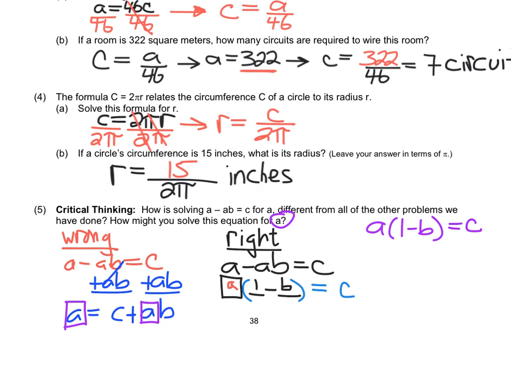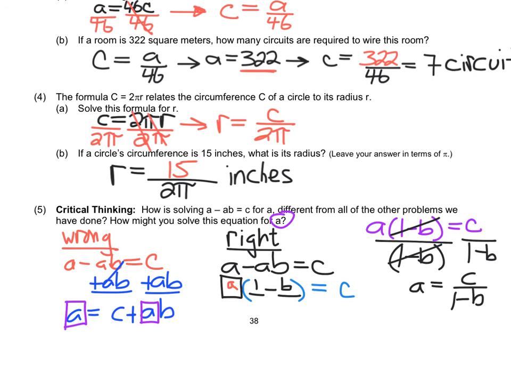Right, now what do I want to get rid of? The 1 minus b. We have an entire expression that we can cancel. And you'd be left with a equals c over 1 minus b.